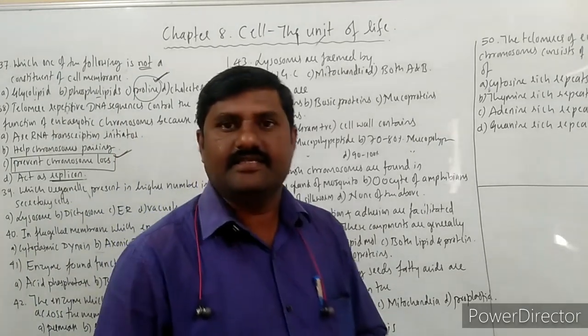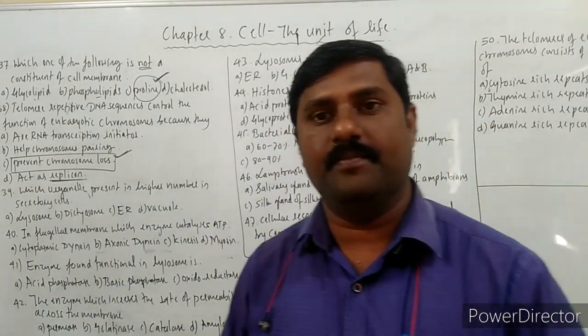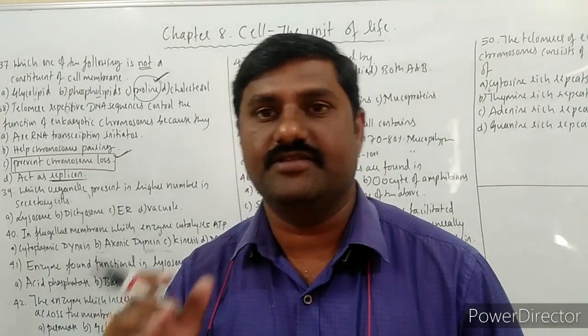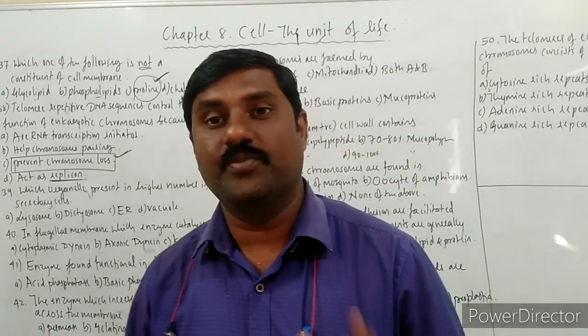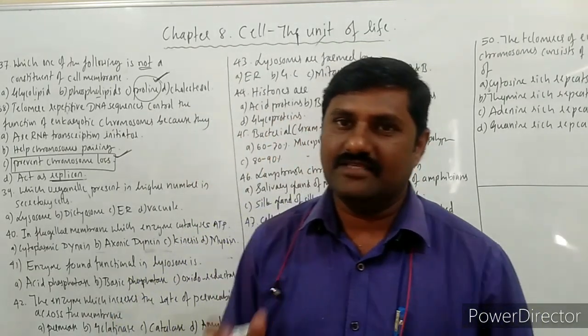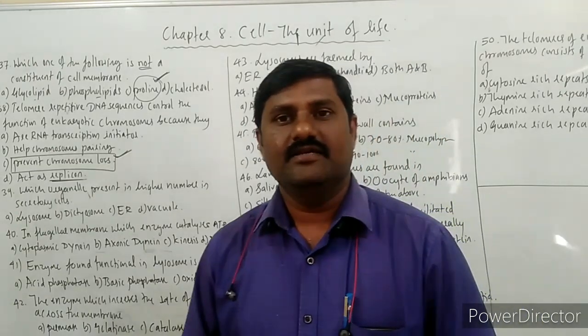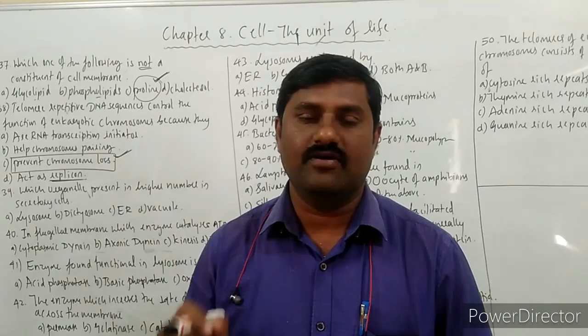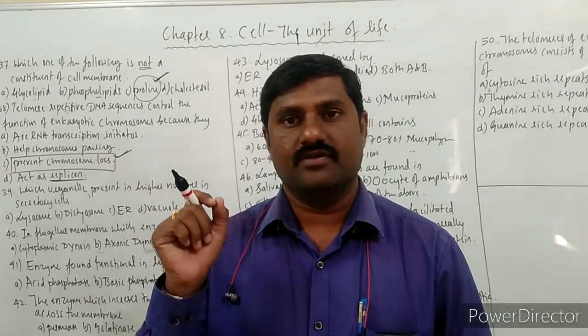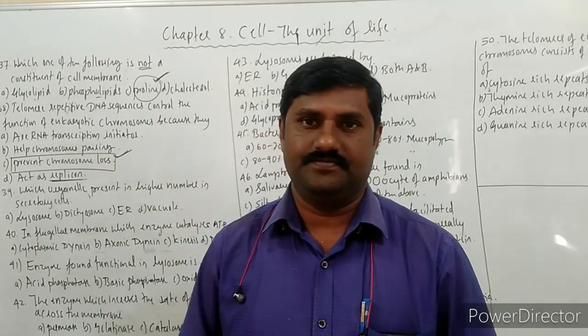Which organelles are more in number in secretory cells usually? The question is very interesting, a very important question. As you know, the secretory cells mainly consist of one of the cell organelles, the Golgi complex itself.